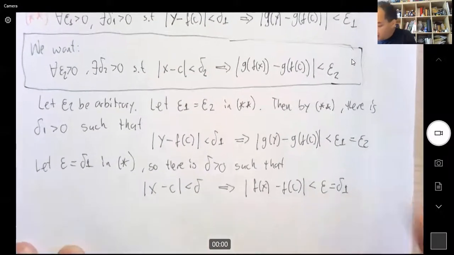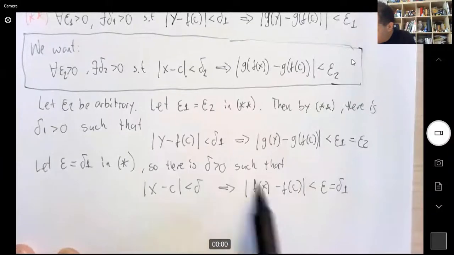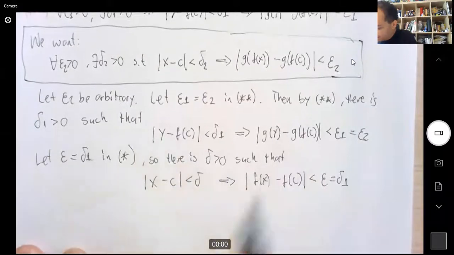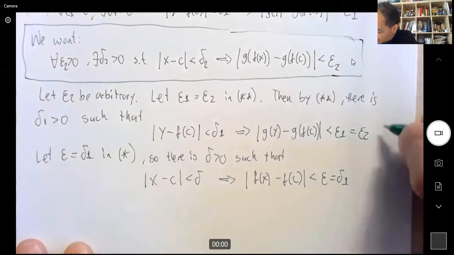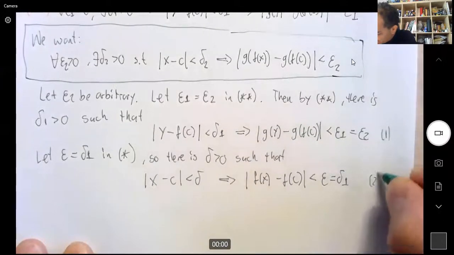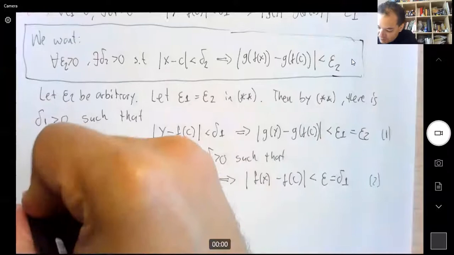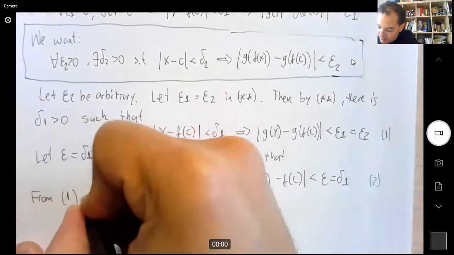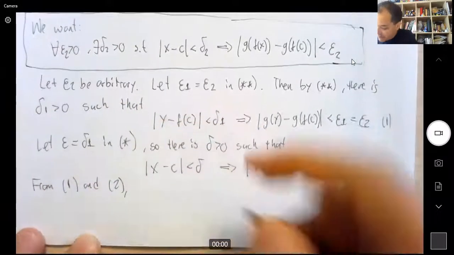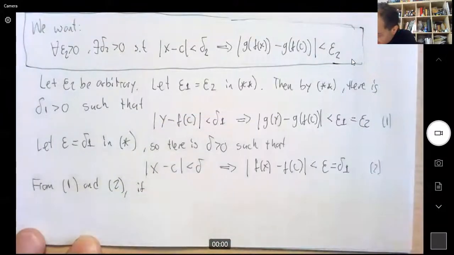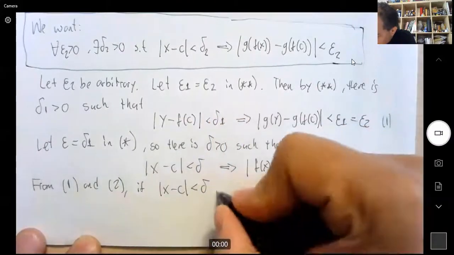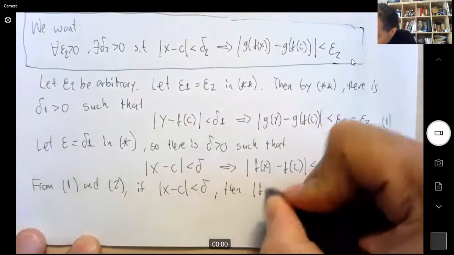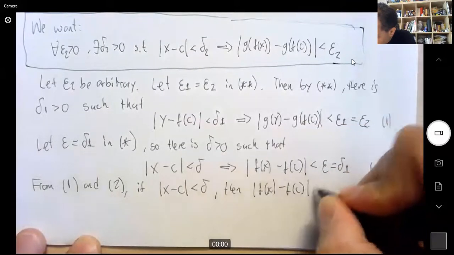All I need to argue is that I'm going to use now y equals f of x in here. So combining these two, let me call them 1 and 2. From 1 and 2, if |x minus c| is less than delta, then |f of x minus f of c| is less than epsilon.